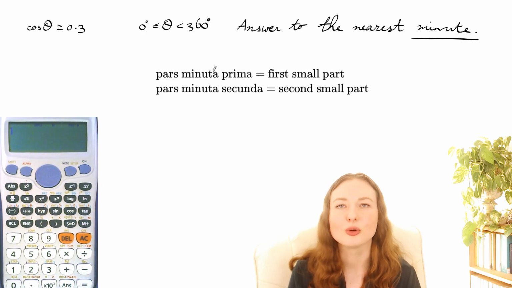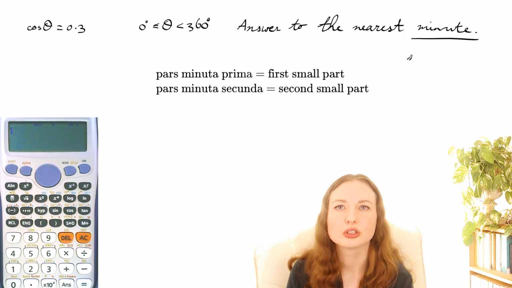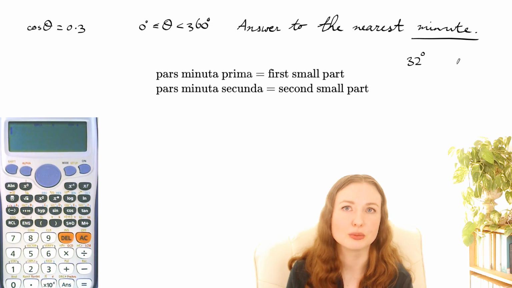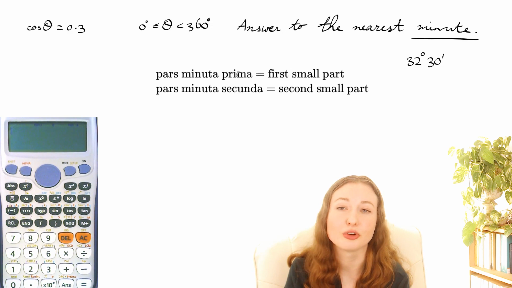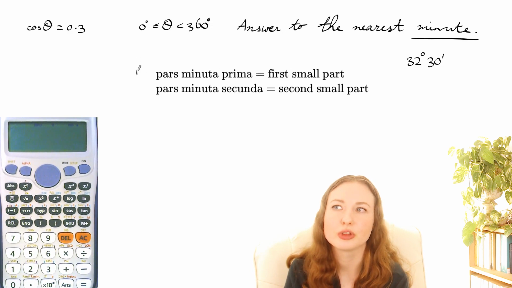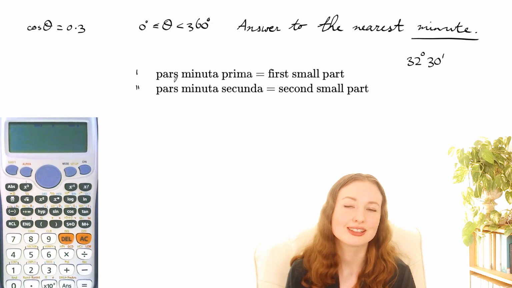So for example, if you wanted to write 32.5 degrees, you would say 32 degrees, and then half a degree would be 30 minutes. So you write that with what's called a prime symbol. They use prime as in first. So the symbol for that was prime, and then for second it's like that. I mean, they're basically just tally marks.